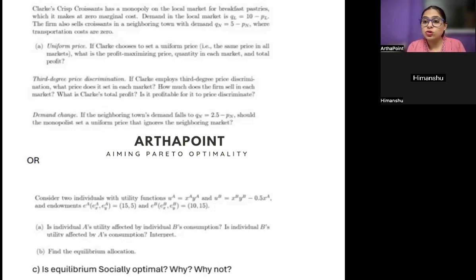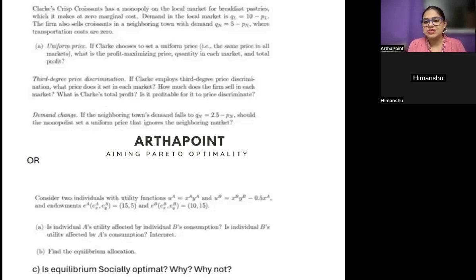Also, very, very important, be calm and patient throughout the interview and explain them each and every step of what you are writing. So for example, in the first case, when you are maximizing profit, say I don't just simply say profit maximization condition MR equal to MC. Just tell them in a statement that, sir, because the profit maximization condition is MR equal to MC, I am directly finding marginal revenue and marginal cost and equating them.